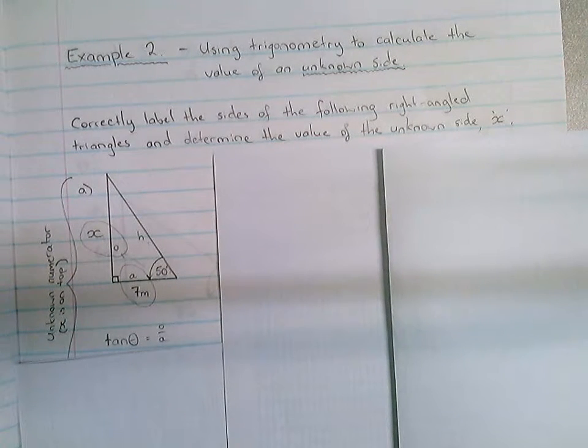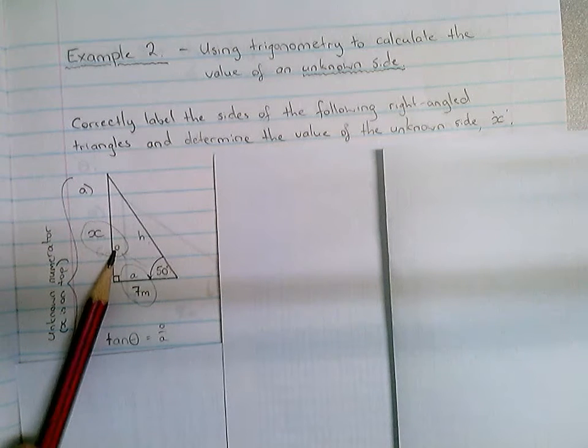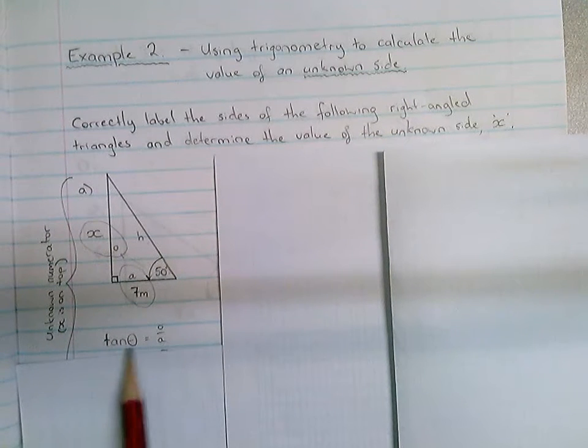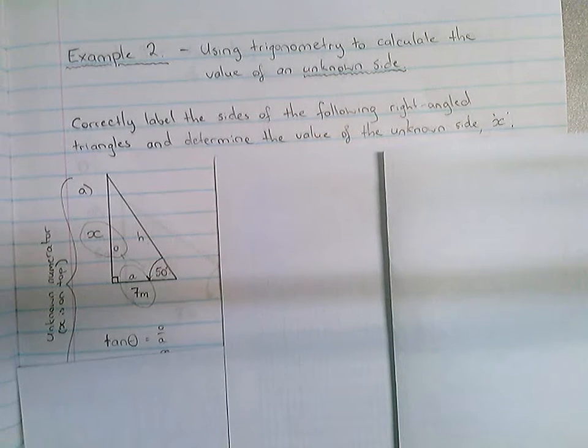So to identify what rule we need to use with regards to sine, cos or tan, we need to use a ratio that's going to incorporate the opposite and the adjacent side. SOH CAH TOA, T-O-A, O and A, there's O and A, T referring to tan, therefore we're going to use our tangent ratio. So we express that as tan theta equals, as we said, O divided by A.